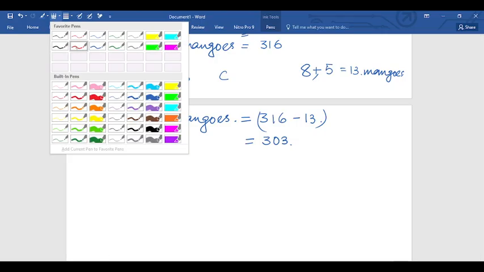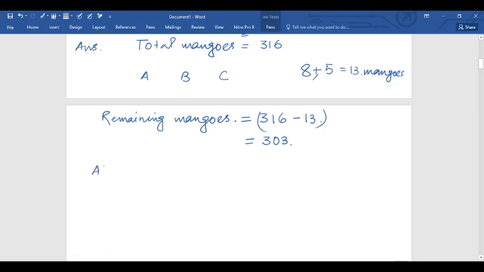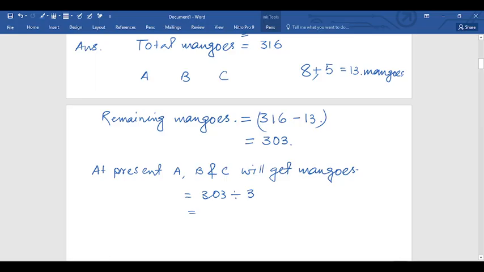Now at present A, B and C will get mangoes equal to 303 divided by 3, which is 101.